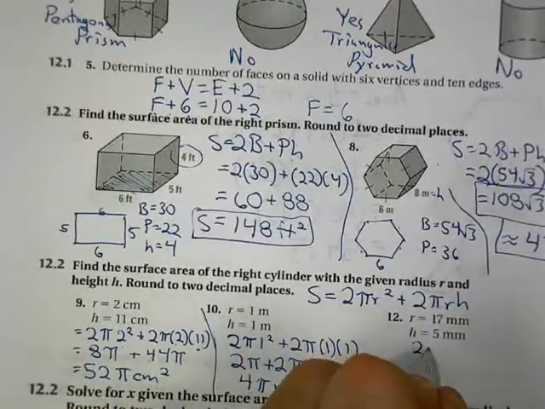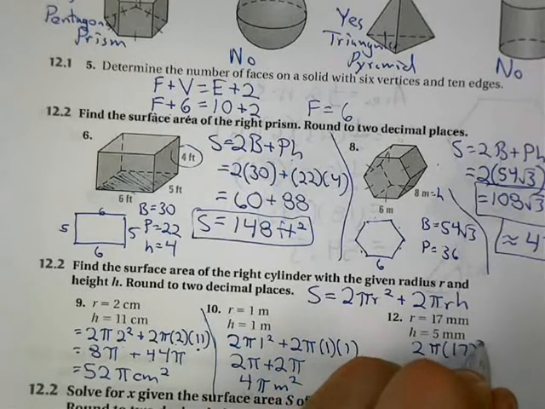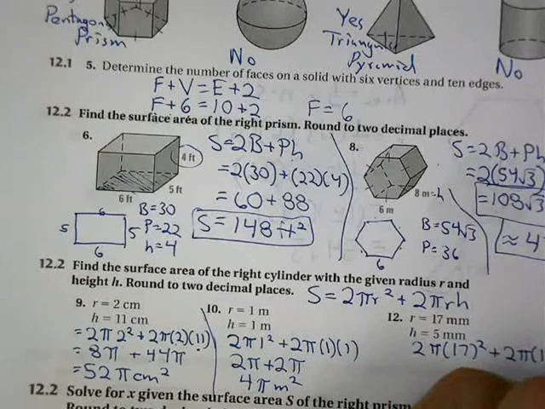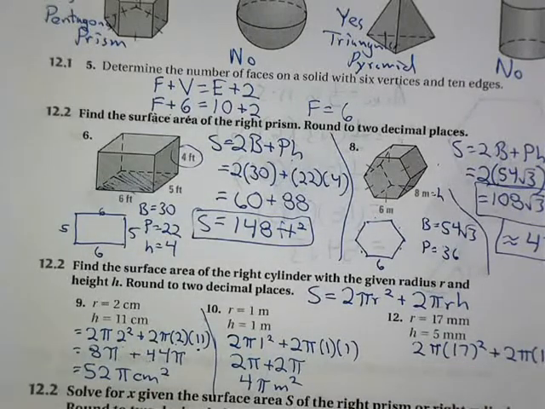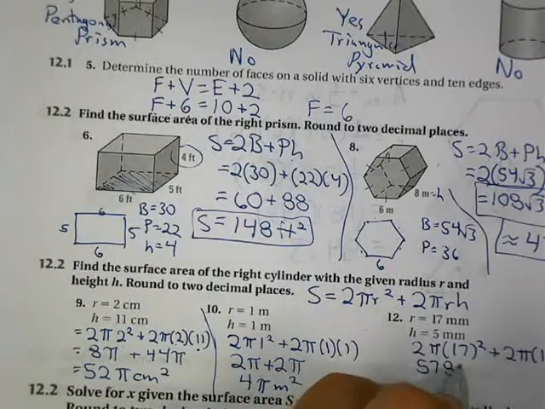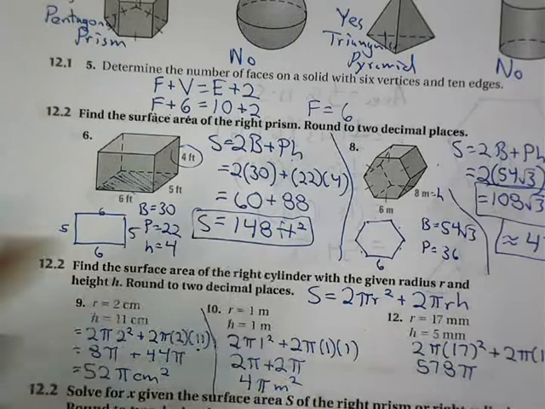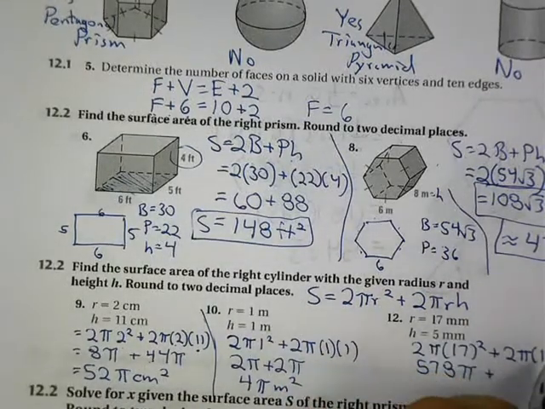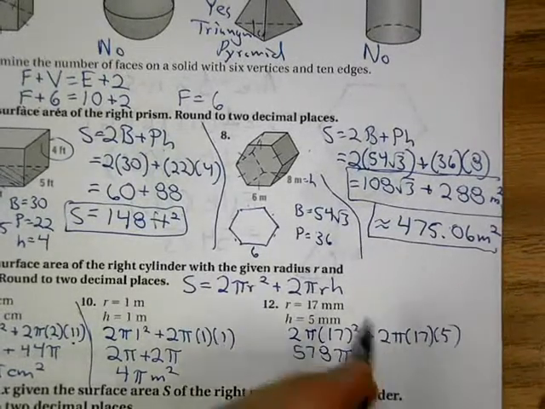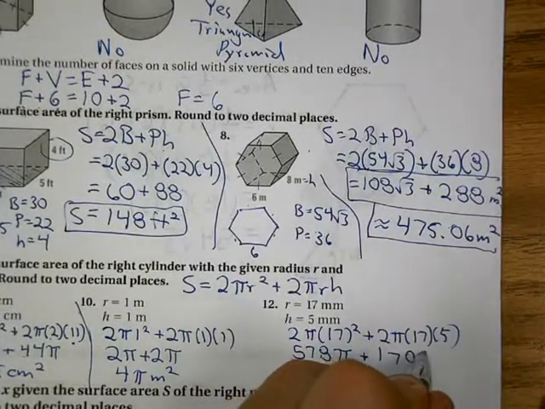Okay, last one, 2 pi times 17 squared plus 2 pi times 17 times 5. I have 17 squared is 289, times 2 is 578 pi. I add to that 17 times 5 times 2, which is 170 pi.